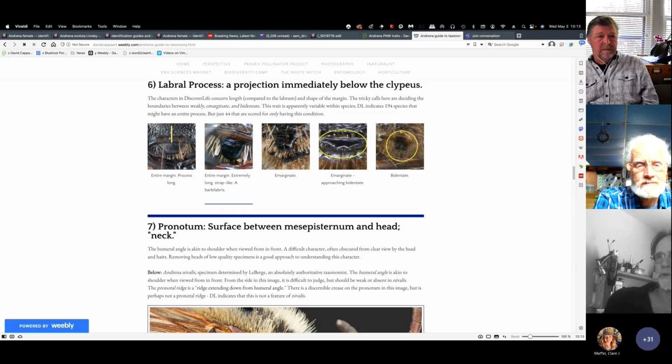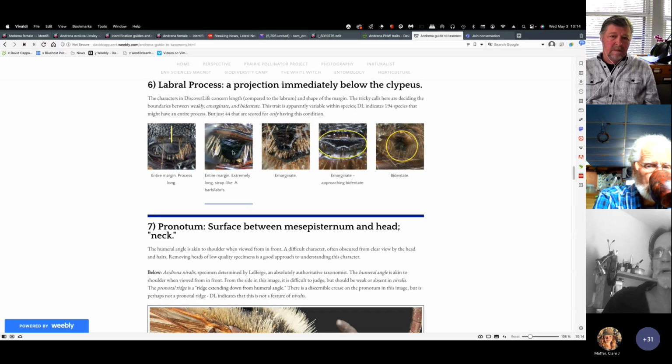Another thing that's tricky is when you talk about the labral process. Entire is fine. Here is one where it just smoothly rounds at the terminus. Here's a really cool one when you see it, this strap-like labral process of barbalabris.